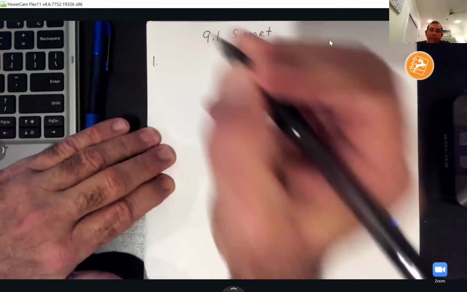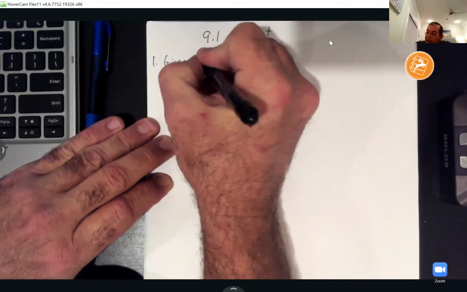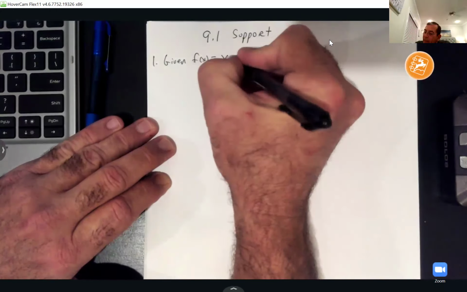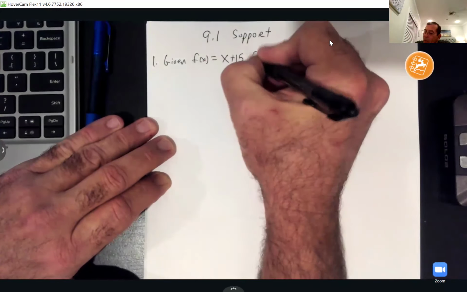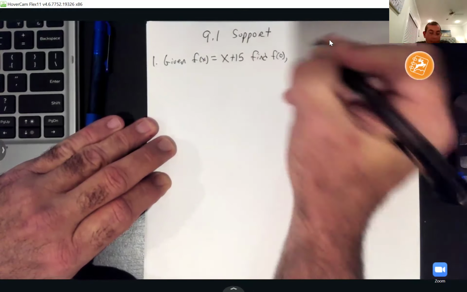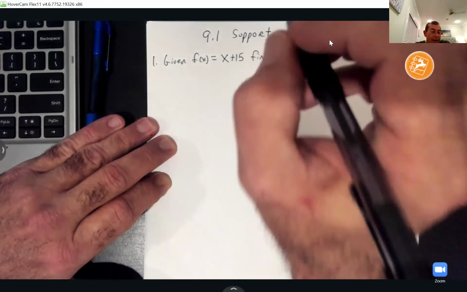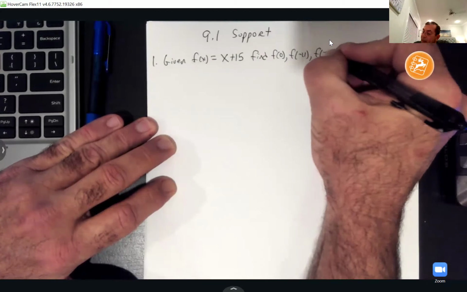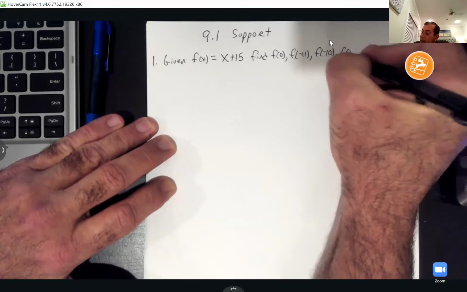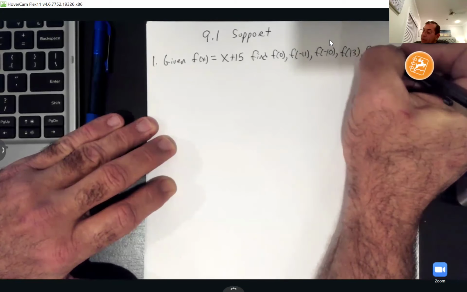So for number 1, they're going to say given f of x equals x plus 15, I'm going to find f of 0, f of negative 11, f of negative 10, f of 13, and y'all finally f of x plus 9.